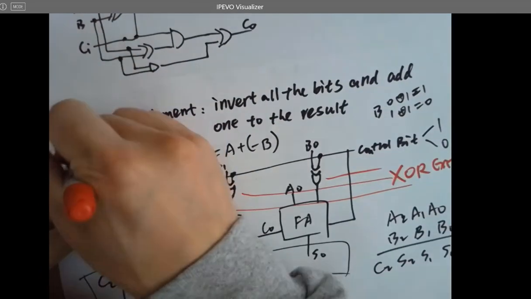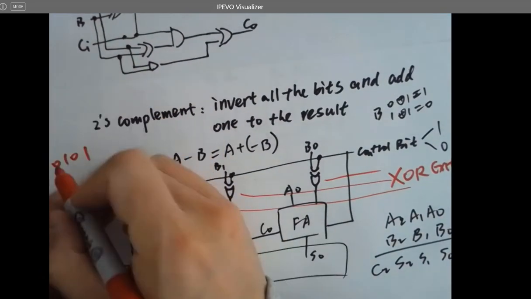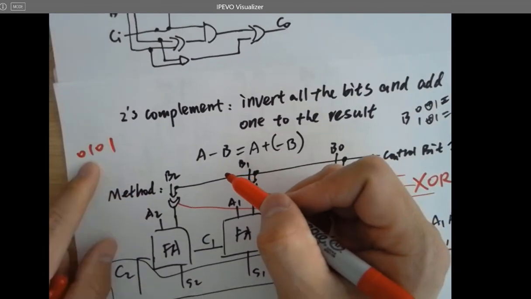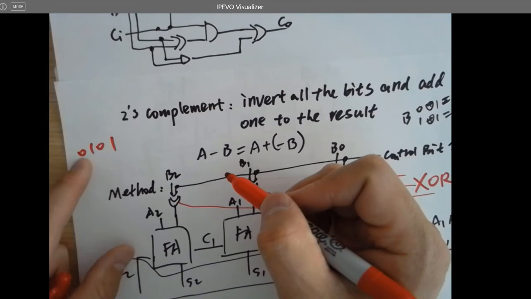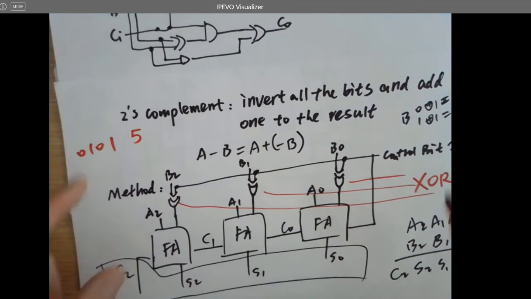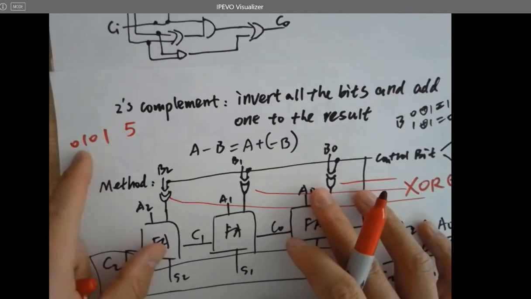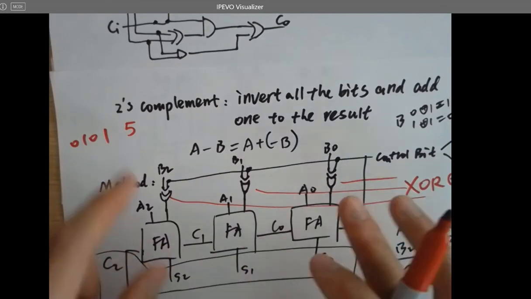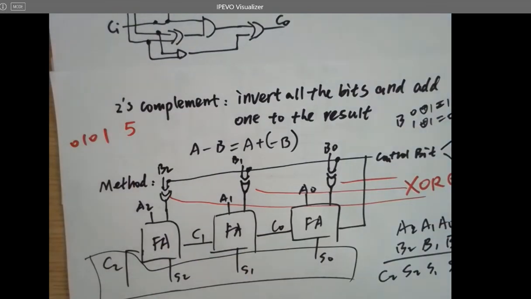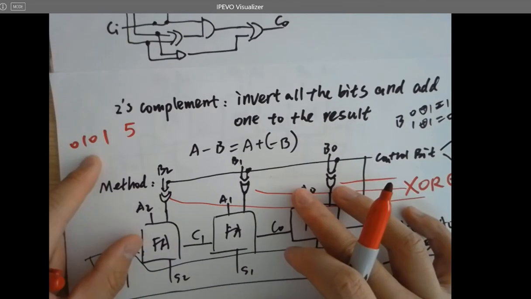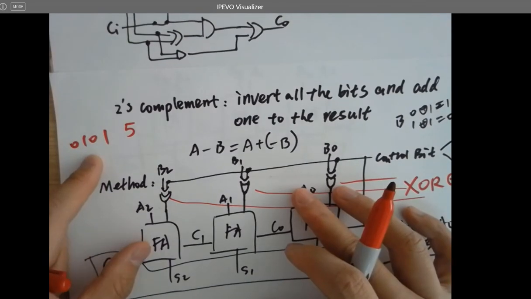So if I have 1, 0, 1, 0, 0, 1, 0, 1, what is that in 2's complement? 5. Since this is exactly 5, no one can argue with that.